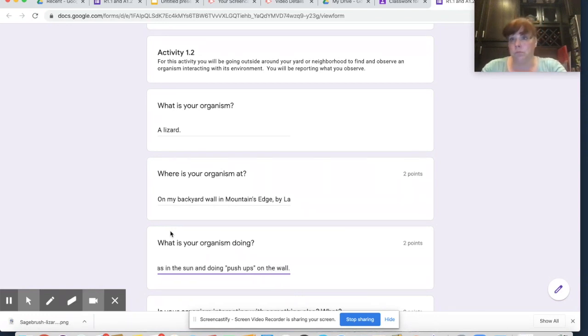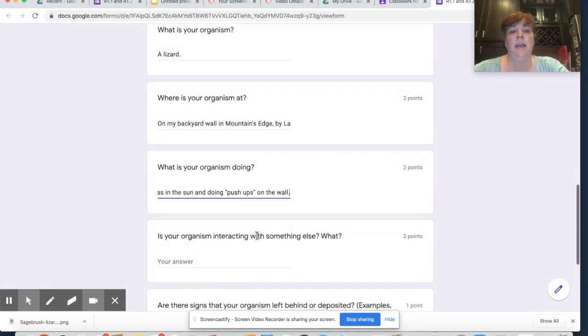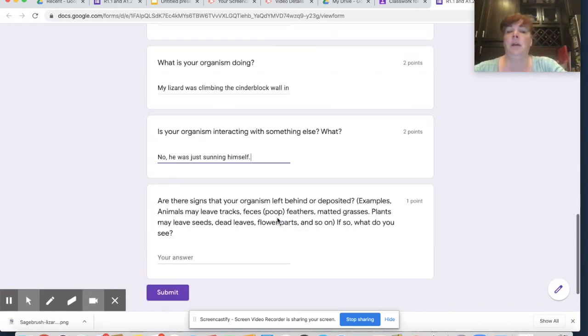I don't know why he was doing push-ups, but now I have some notation so I can come back and look. Was my organism interacting with anything else? Nope, he was just sunning. The wall is not another organism that he was interacting with. He was on something that wasn't alive, so I'm not going to do that.